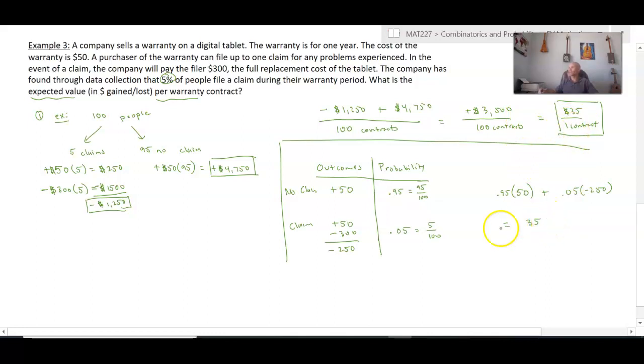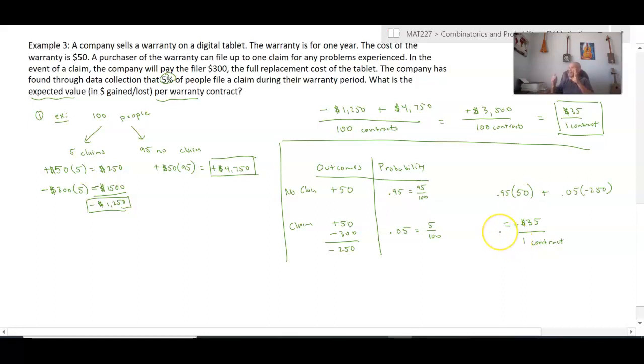Now, because the 35 represents dollars, and we're dividing this across contracts, this is still $35 per one contract. And it's a positive number, and so that means that we're still gaining $35 per contract.